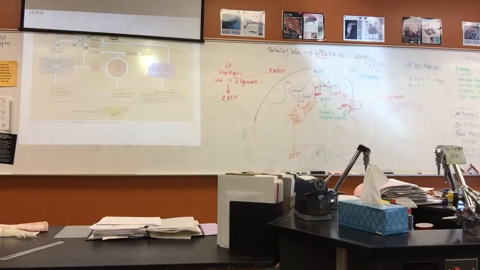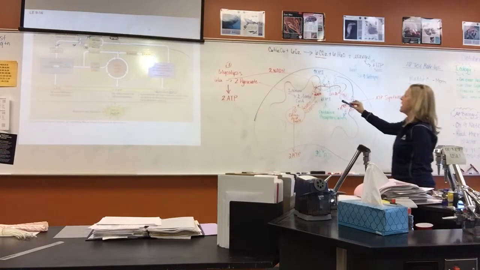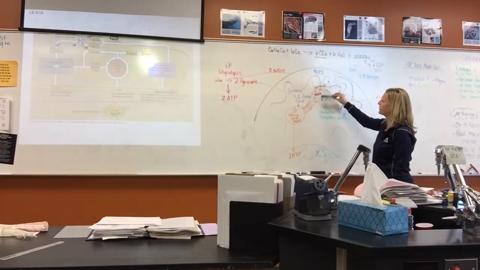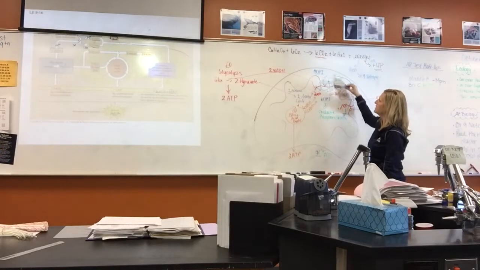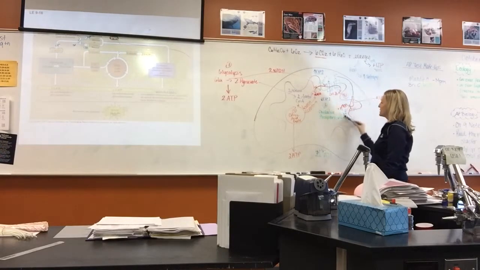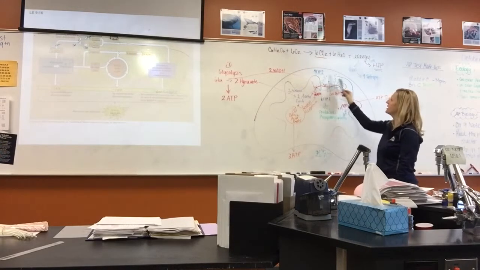They're still actually doing a lot of research with this. For simplistic sake, as the electrons go through, 1 H plus diffuses through for each one of those, and it makes 3 ATP for 1 NADH.